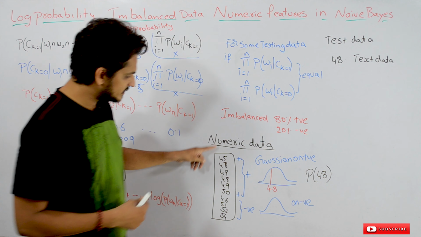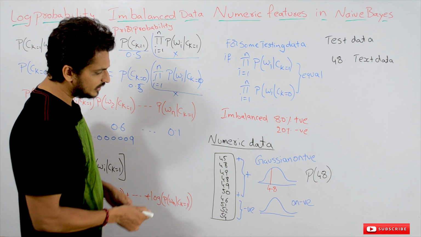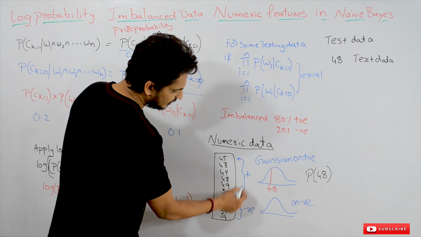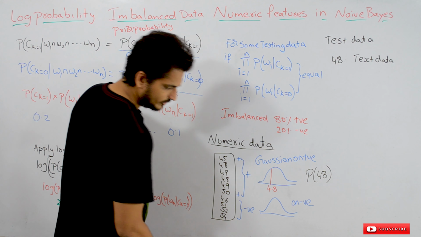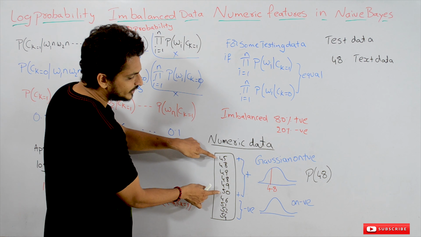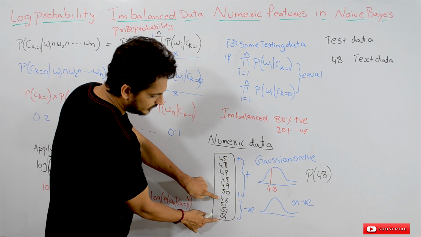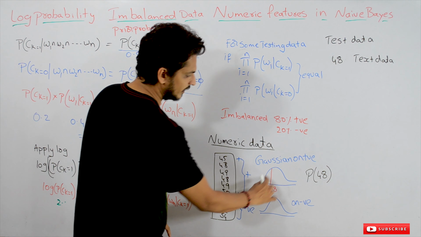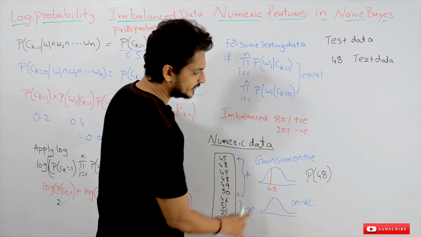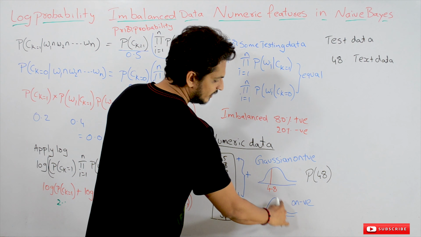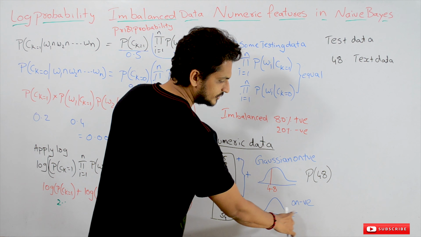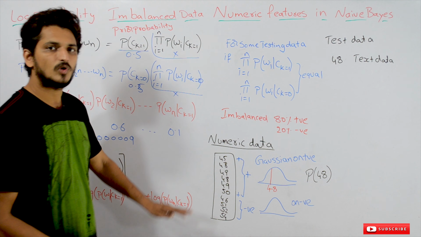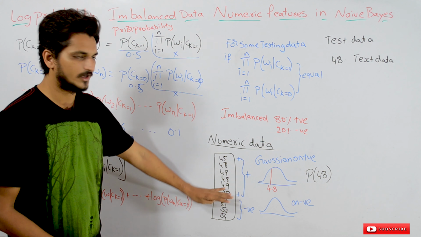Let's take an example. This is our numerical data. It will select all the positive points and all the negative points, and apply a Gaussian distribution on the positive points and a Gaussian distribution on the negative points. This is what our naive Bayes model will use.